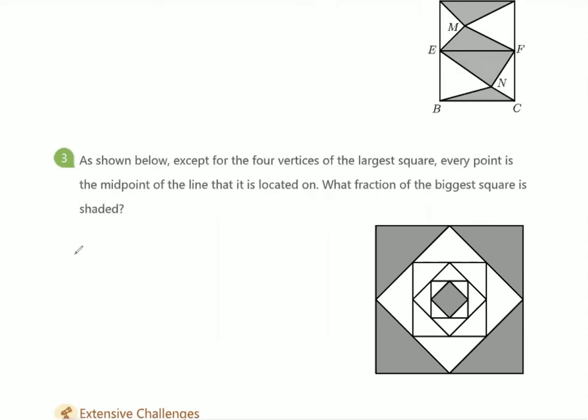Okay, so we know that the new square is formed by connecting the midpoints of the 4 sides of the square. And what we can conclude from that is that each time the area of the square inside the bigger square is always a half.